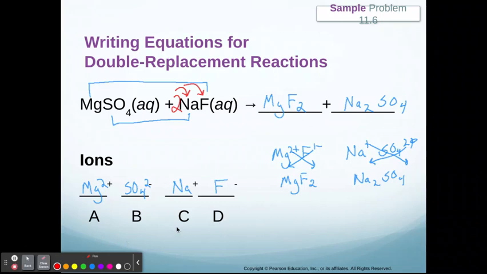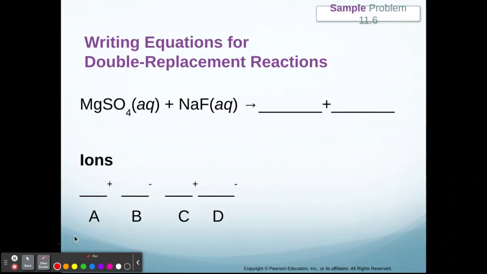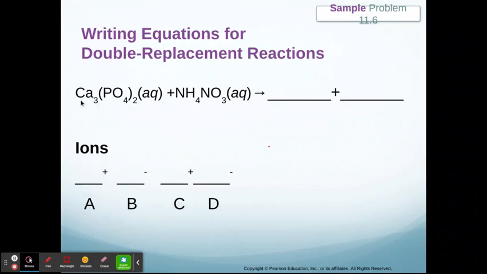All right, so now for the next example, let's look here. We have calcium phosphate plus ammonium nitrate. Okay, so once again, we're going to do our outside, inside. Outside and inside.